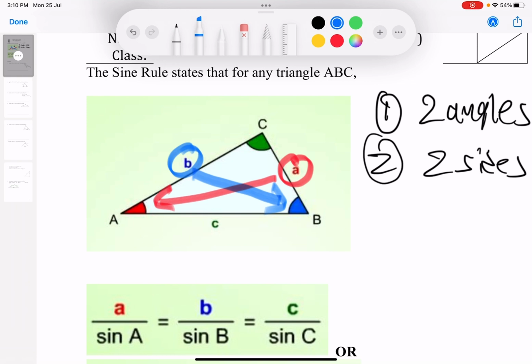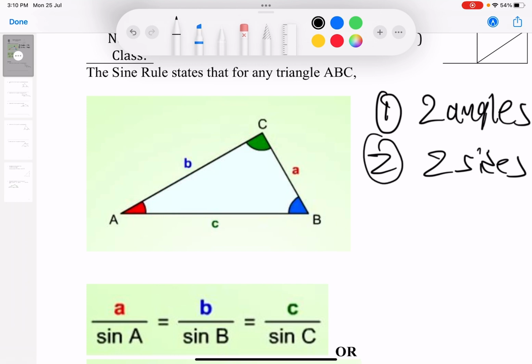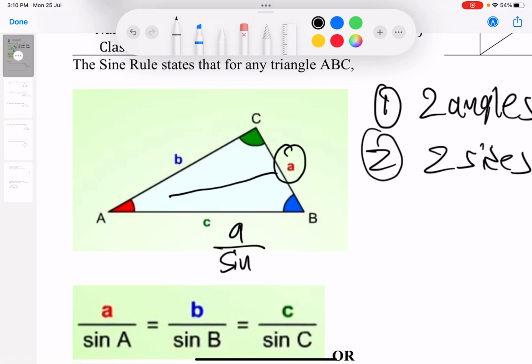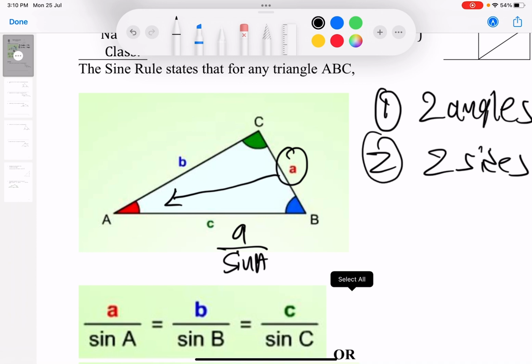The way that I would write this down, I know it's already been written for you, but just to make it a little clearer, I would look at A, so I get A over sine A, the opposite one. Actually, this one is sine capital A. So A over sine A is equal to B over sine B. That is what the sine rule tells us.